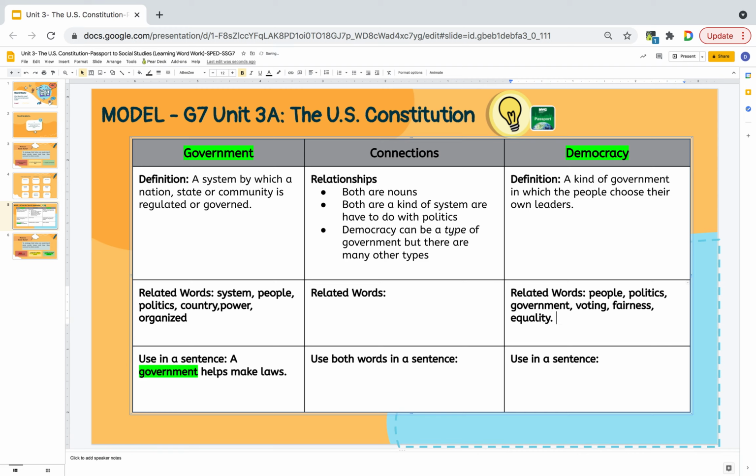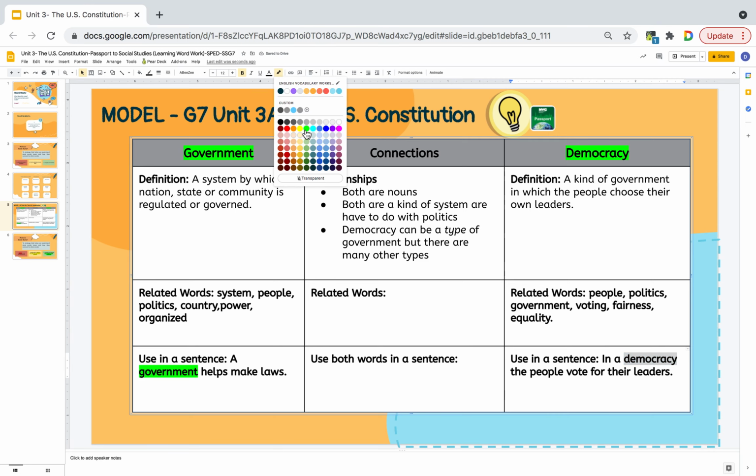And these are the words that I have identified as related words to democracy. And then I'm going to use democracy in a sentence. In a democracy, the people vote for their leaders.